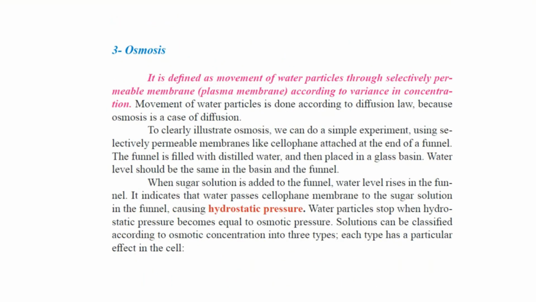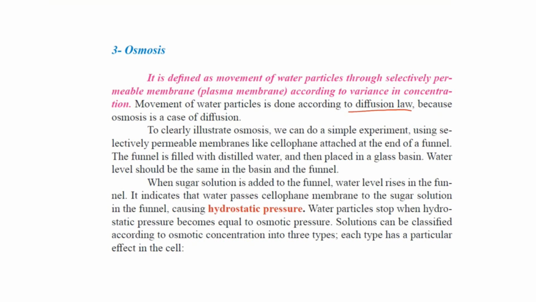Osmosis is defined as movement of water particles through a selectively permeable membrane, like the plasma membrane, according to variance in concentration. Again, like diffusion, it is from a high concentrated medium to a low concentrated medium. Movement of water particles is done according to the diffusion law.